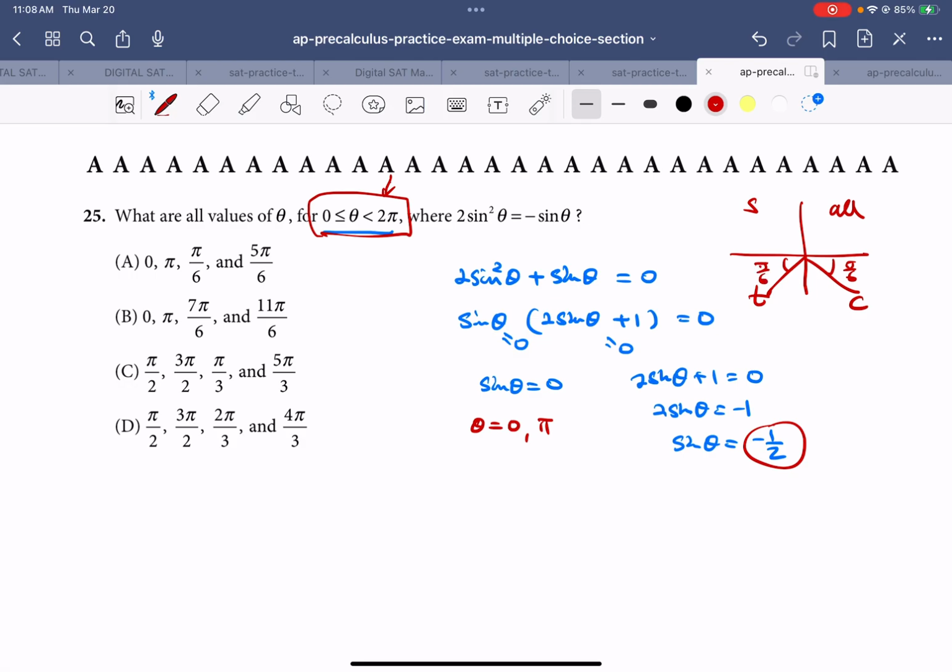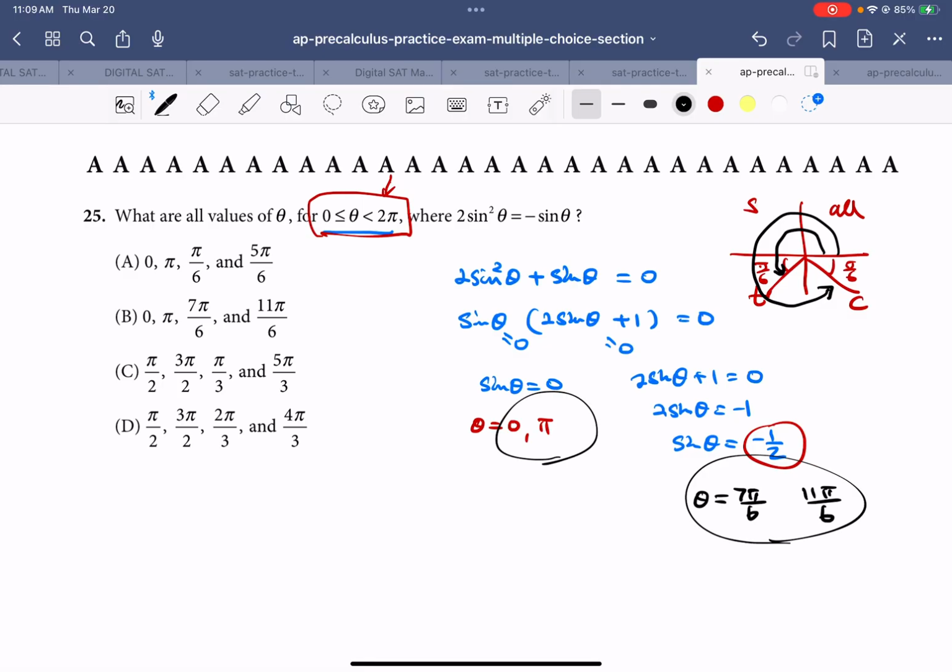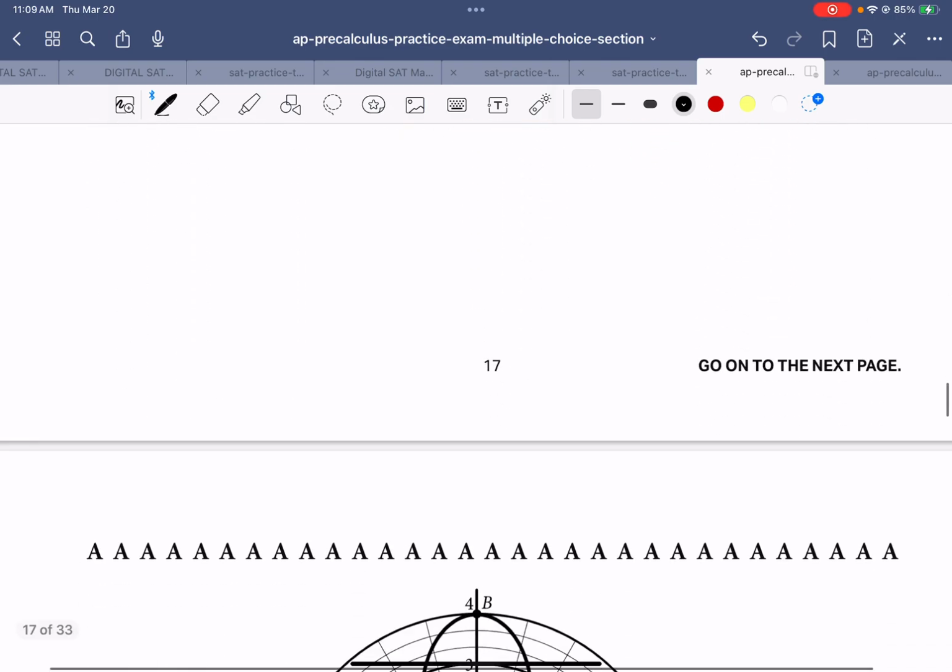Your answer for this angle is pi plus pi over 6, so 7 pi over 6. And the other one is up to here, so 2 pi minus pi over 6, which is 11 pi over 6. So you have 4 answers like that, so answer B is the answer. Okay? All right, let's move on.